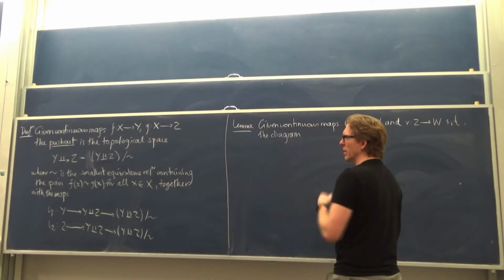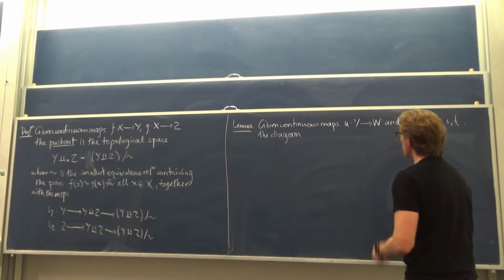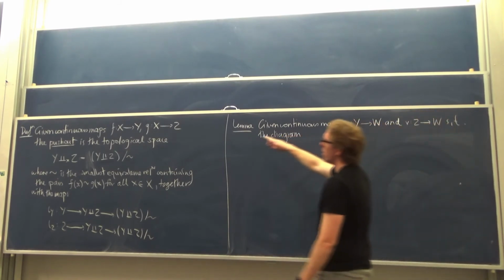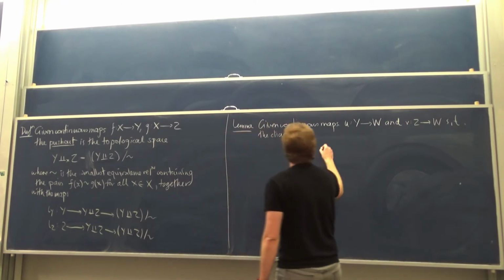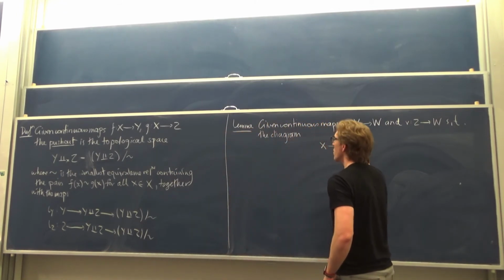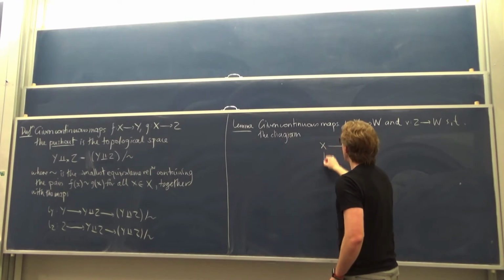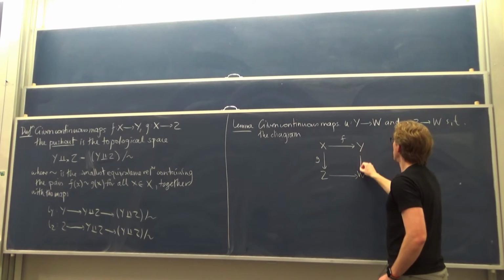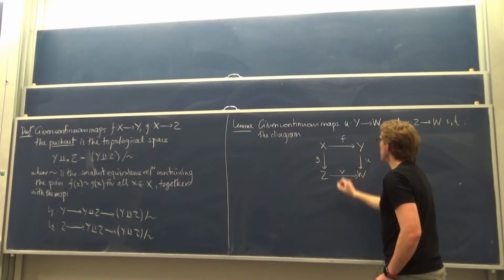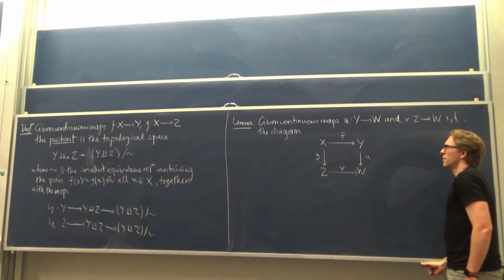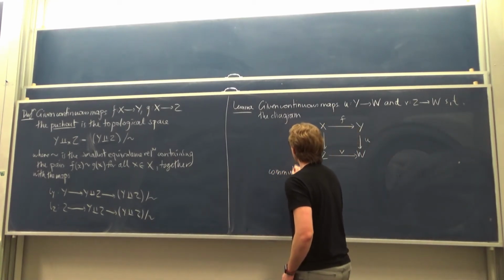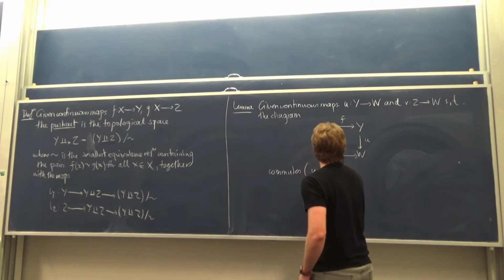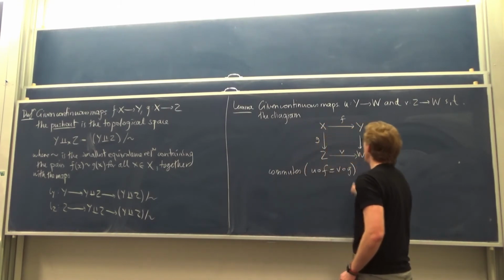That's what that exercise over there says. So the pushout does the following. Given continuous maps, one from Y to some space and one from Z to some space, U and V, such that the diagram made up by all this data on the board, that's F, that's G, that's U, and that's V, commutes. Remember, that just means that U after F is equal to V after G.